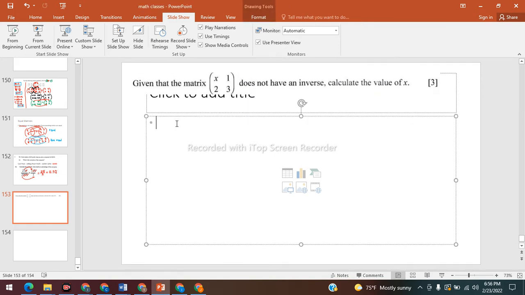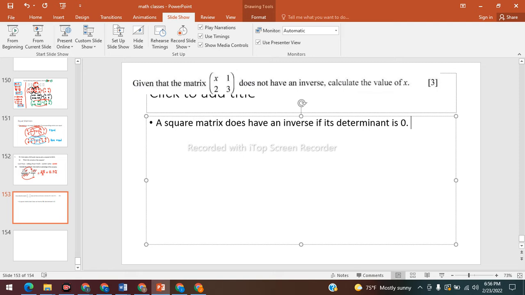First of all, a matrix, or we could say a square matrix, does not have an inverse if its determinant is 0.